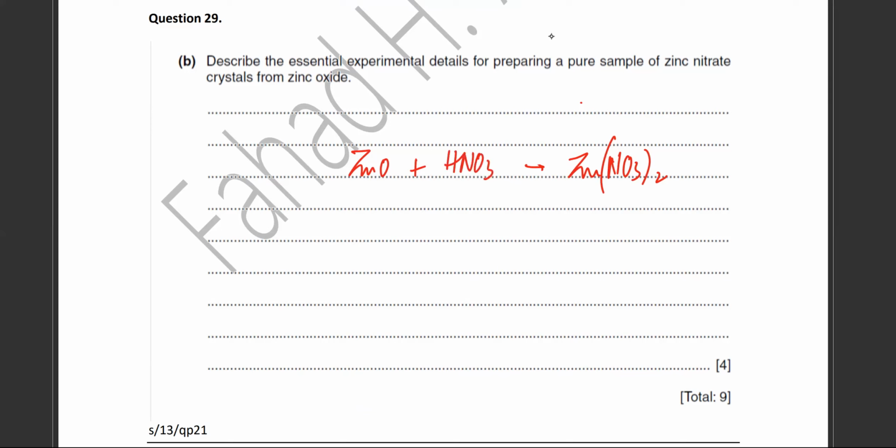Metal oxide plus acid produces salt plus water, and it's going to be excess again. Nitrates are all soluble. Zinc oxide is a solid. So it's going to be excess again. Add in excess. Keep adding until all the nitric acid gets used up and zinc oxide remains undissolved. Filter out the excess zinc oxide, and evaporate the solution till saturation point and cool gradually to obtain crystals. So that's about it.